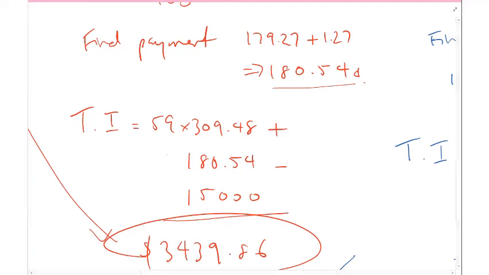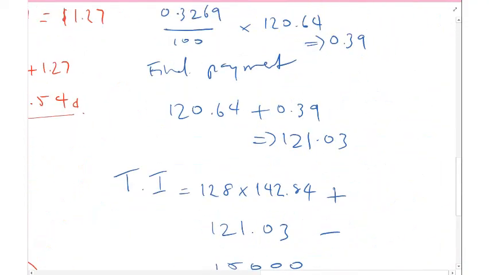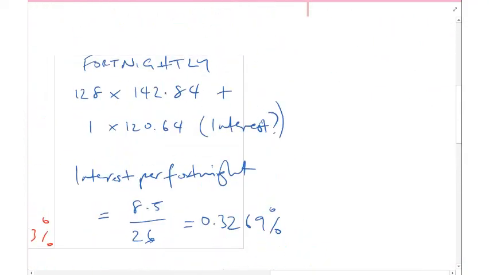This part here is all the total payment that you're making, and when we look at the monthly saving, going from the quarterly version, we're saving $129.14.